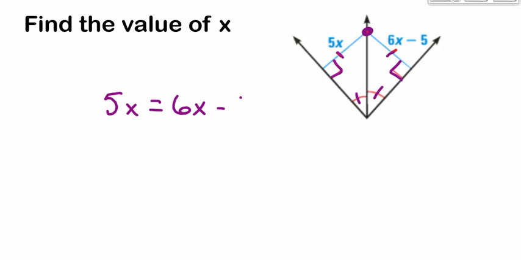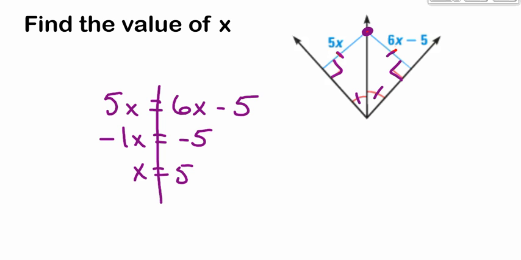I'm going to set them equal to each other. If I subtract 6x from both sides, that gives me a negative 1x over here, and my negative 5 stays. Dividing both sides by negative 1 leaves me x is equal to 5. I think I'm done here because all it said was find the value of x. It didn't say anything about finding the line segment, so I'm done.